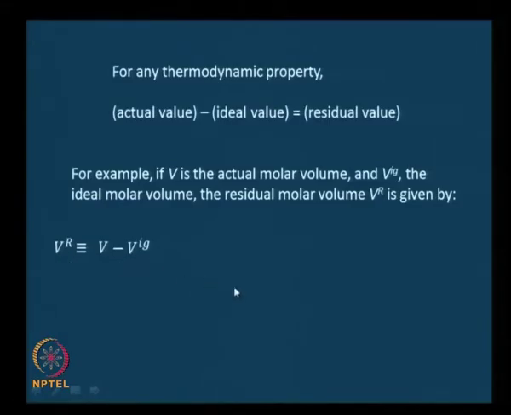V minus V ideal gas is V minus RT by P, and we know that PV by RT is Z. Therefore, writing V in terms of Z, which is ZRT by P, and taking RT by P common, we get RT by P into Z minus 1. We will call this equation 324.